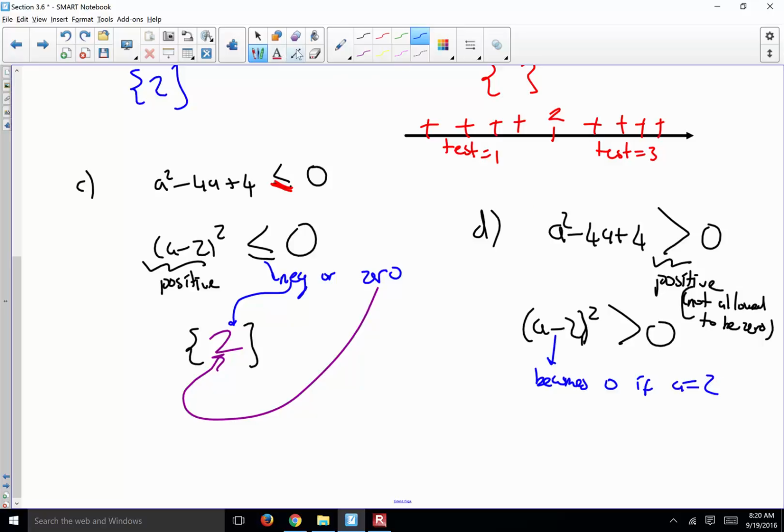So you need to take that away from your solution set. So the whole set, everything, is your solution except 2. You can take 3 or more, but not 2. You can take anything less than 2, but not 2. So the answer is minus infinity to 2 union 2 to infinity.